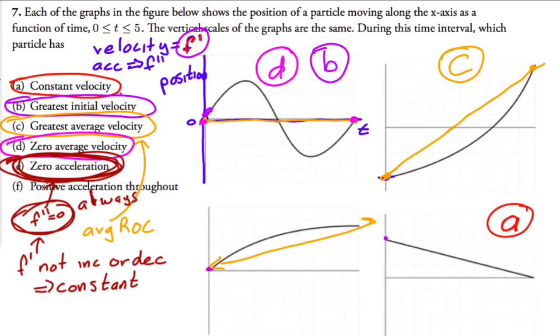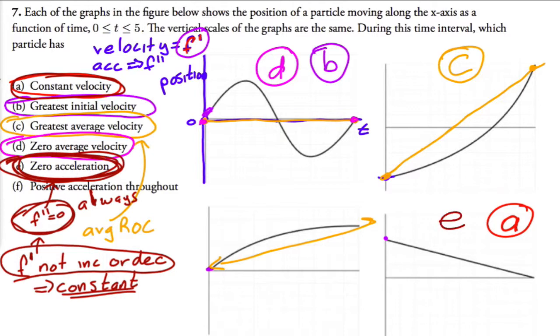So that means that the derivative is always not increasing or decreasing. Another way of saying that is that it has to be constant derivative. So basically, that's exactly the same as the first one, constant velocity, 0 acceleration. So that's going to be E, this last one.